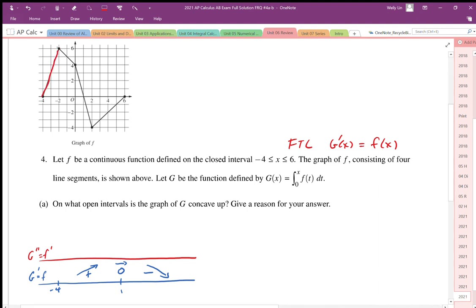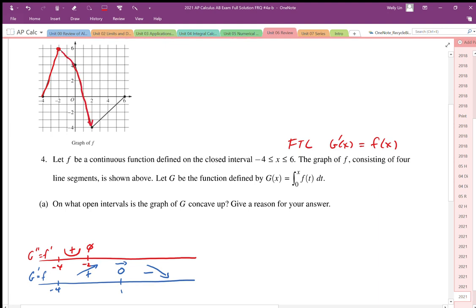From -4 to -2, we have an undefined slope here, but we know it's sloping up, so that means that the second derivative is positive, which means we have a concave up situation. In this section here, it's all sloping down.